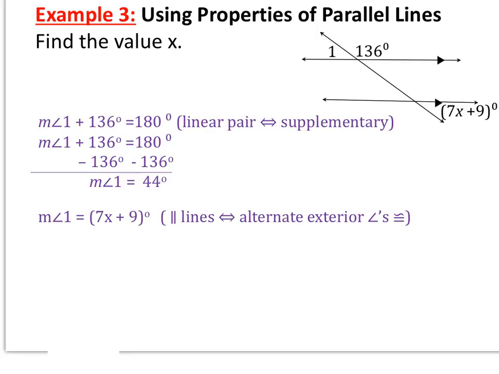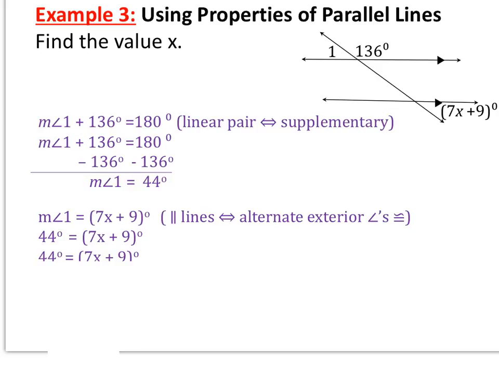we can next set up an equation, measure of angle 1 equals 7x plus 9. And that's because they're alternate exterior angles. So parallel lines implies alternate exterior angles congruent. So that means that they are equal in measure. So now we can substitute measure of angle 1 with 44 degrees and solve for x.